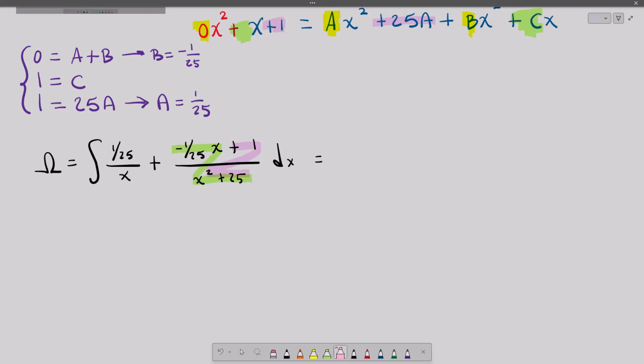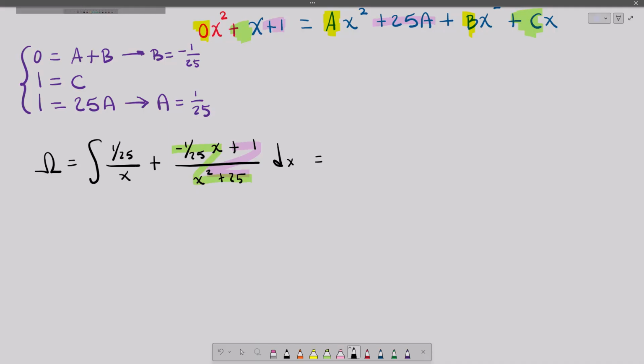The green is going to be what kind of integral? Log, because the derivative of the denominator is 2x, which is a multiple of the numerator. How about the pink one? What will that be? Arctan, a 1 over x squared plus 25.